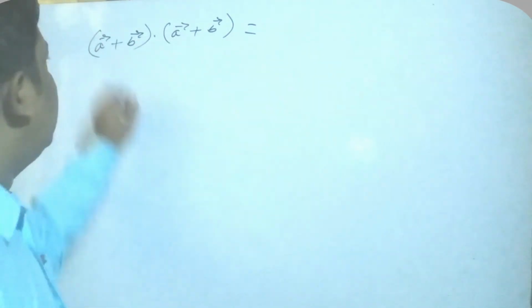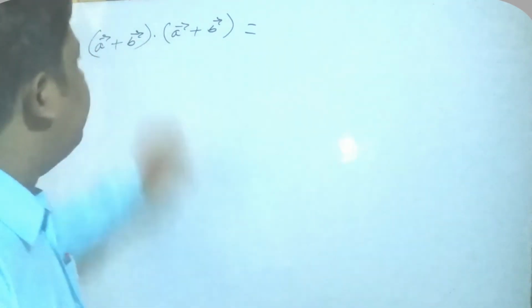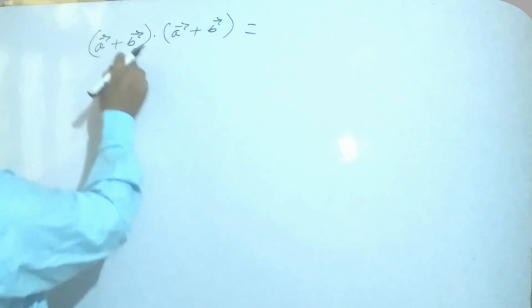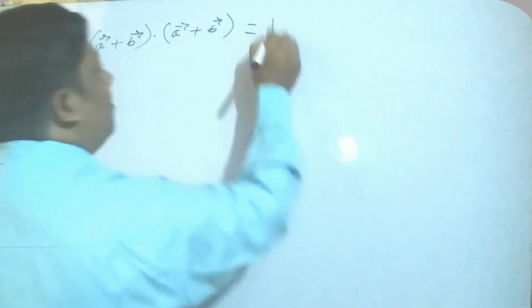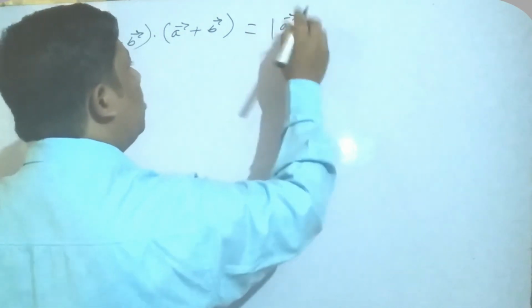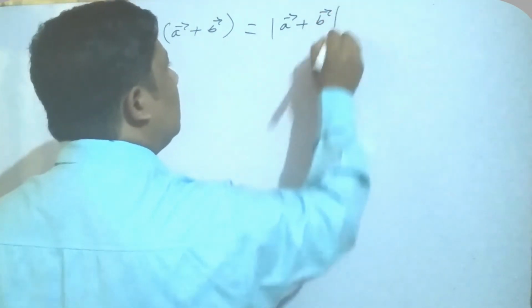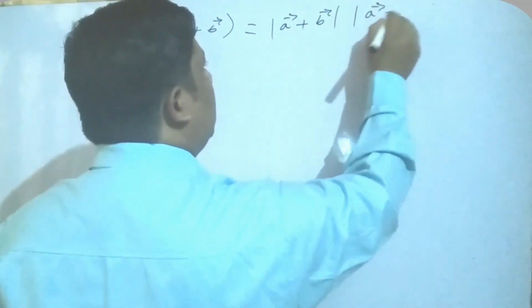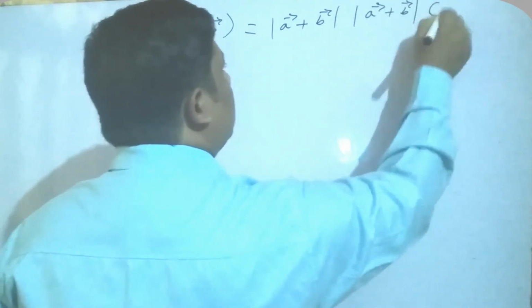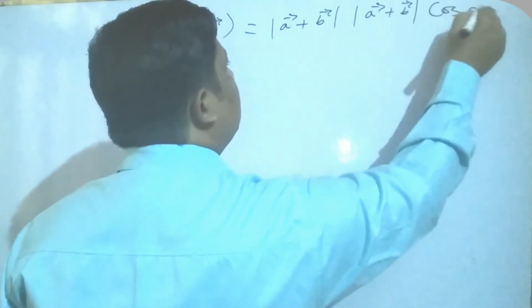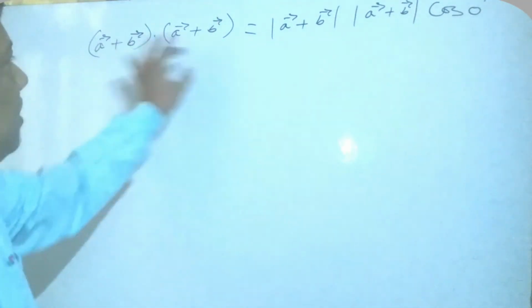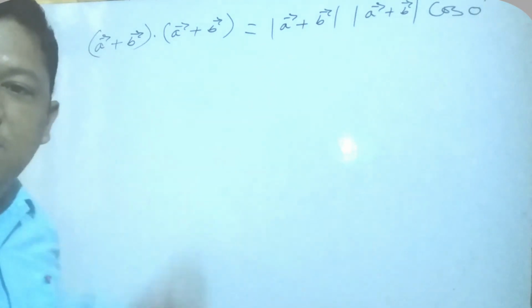These two parts are the same. So according to the rules, it is the dot product, and you can use mod of a, mod of b, cos theta, and theta is 0 degrees because these two vectors are the same.